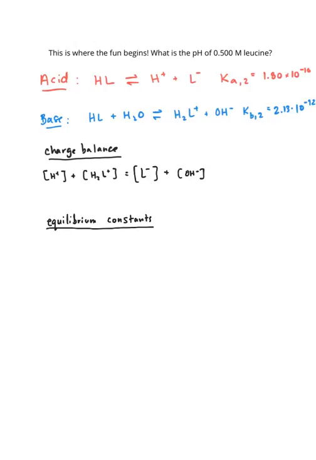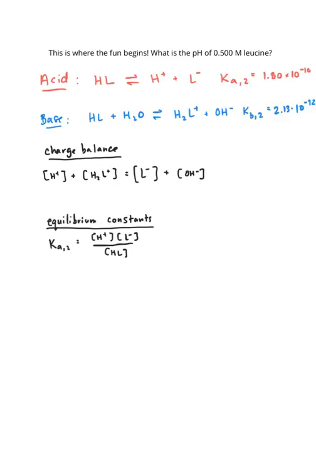Secondly, from our equilibrium constants, we know from our reactions charted out up above that Ka2 is equal to the concentration of H+ times the concentration of L- over the concentration of HL. I know that eventually I would like to solve for pH.